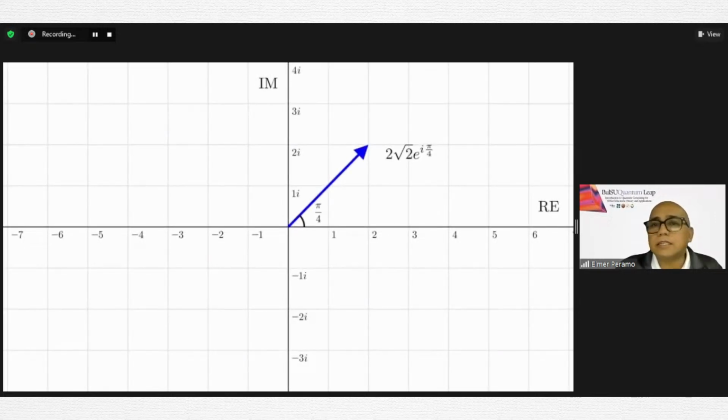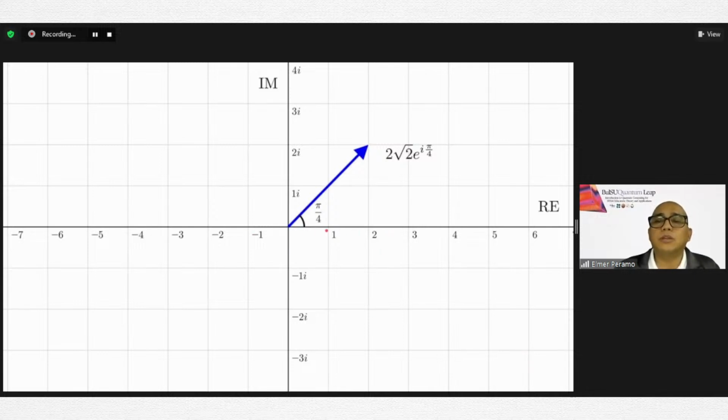What else? Okay. So this is the advantage of converting one complex number from one form to another. For example, in the exponential form, or even in the polar form, you can easily see the angle. In this case, 2 square root of 2.